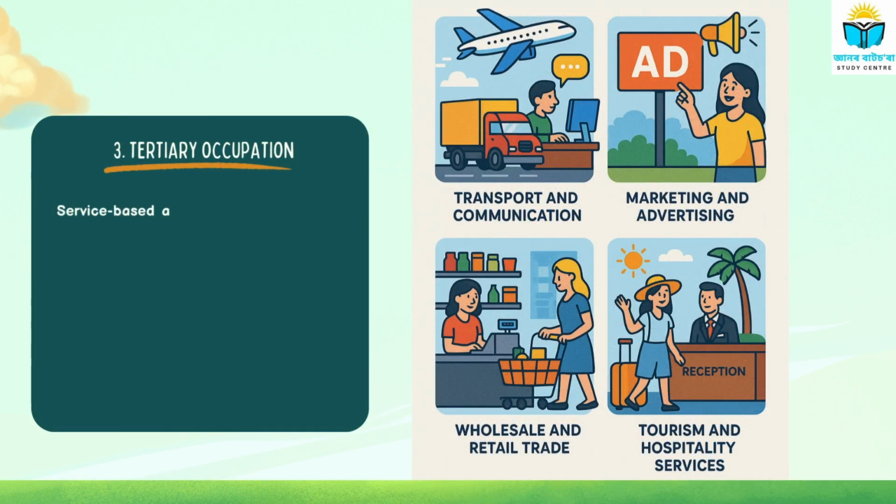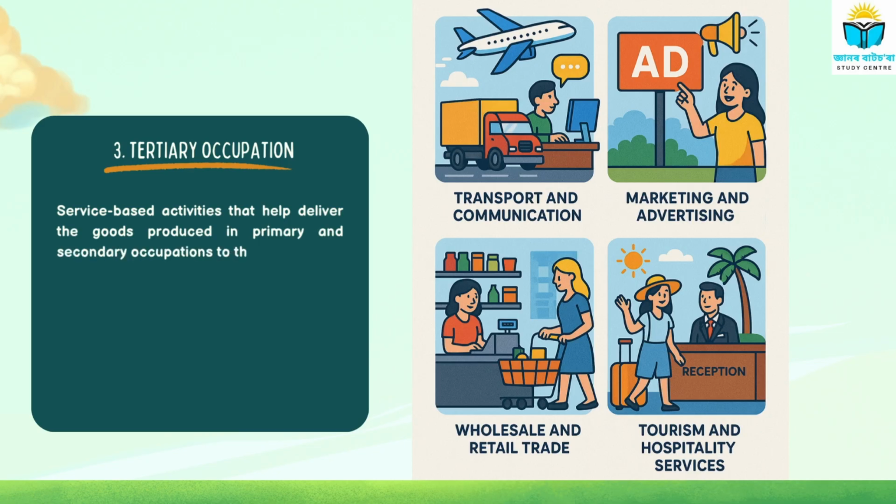Now, let's look at the third type of economic activity, which is called tertiary occupation. These are service-based activities that help deliver the goods produced in primary and secondary occupations to the people who need them, the consumers.